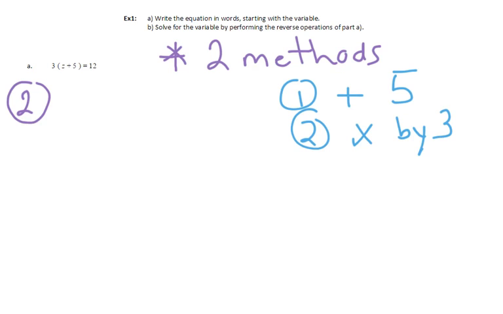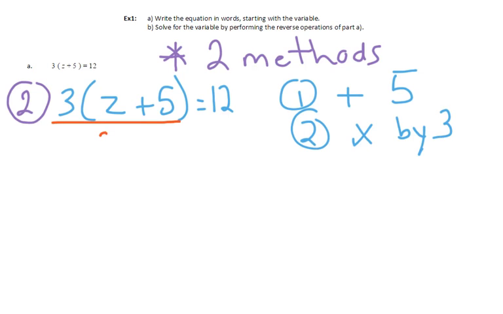And now we'll do the same thing. We'll work in the reverse order. We'll start with 2 and then undo the first one here. So I'll start with my equation here. We have 3 times z plus 5 equals 12. And we'll start with number 2 here. The opposite of multiplying by 3, here we are multiplying by 3, is to divide by 3. So let's divide both sides of the equation by 3.